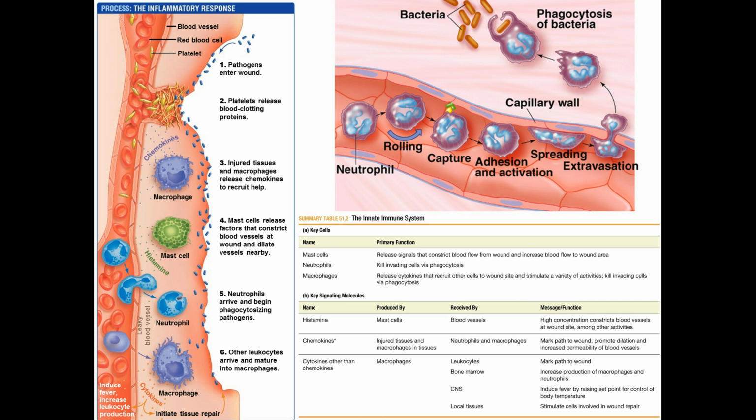The vasculature shrinks so that the blood flow slows down enough so that your immune cells, like your monocytes and your neutrophils, can adhere to the surface of the endothelial cells. They go through this process of rolling. They attach to certain receptors along the endothelial cells, adhere to the surface, begin to spread out, and then move from the vasculature into the surrounding tissue.